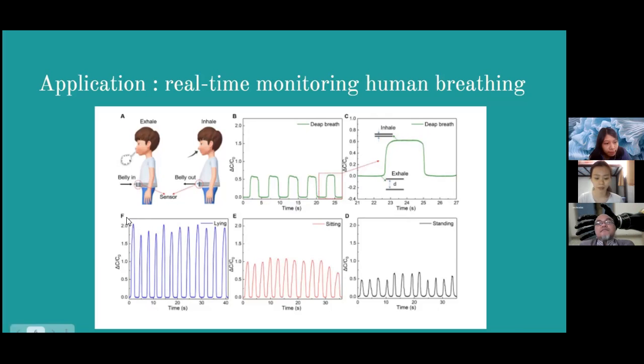And these diagrams in F, E, and D are the breathing cycles taken by an individual in different positions. This one is when the individual is lying, this one when the individual is sitting, and this one when he or she is standing up.